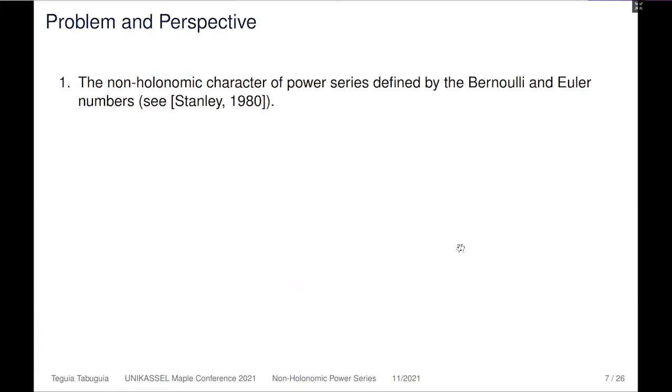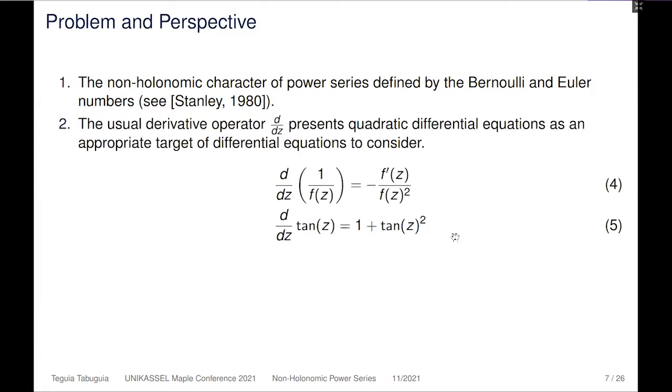Now, we see that the problem here is the non-holonomic character of the power series defined by the Bernoulli and the Euler numbers. Our first observation is that the usual derivative operator can sometimes generate squares or products of derivatives while differentiating, as you can see, for example, with the tangent, where we have 1 plus tangent squared.